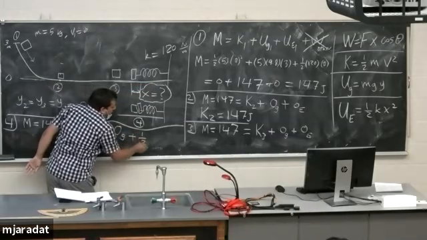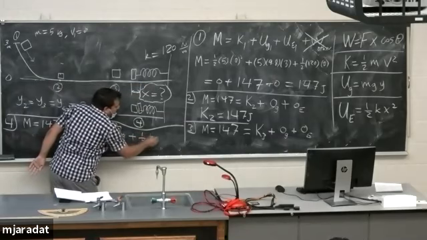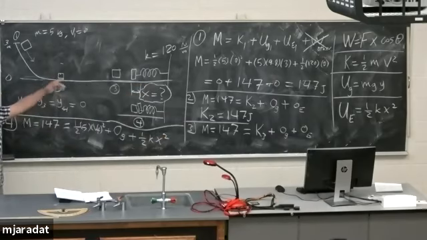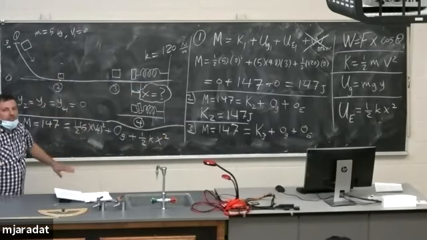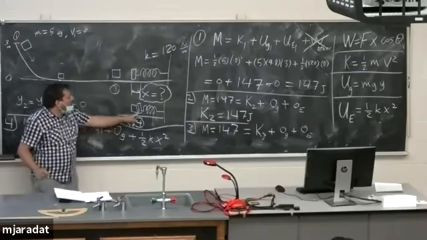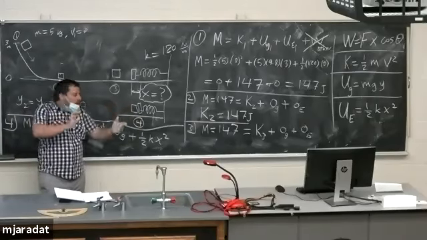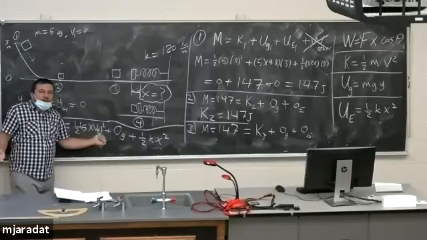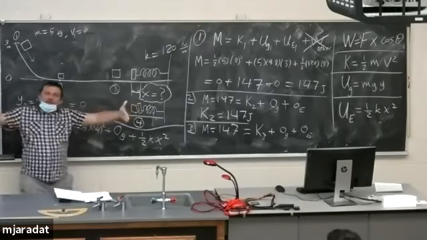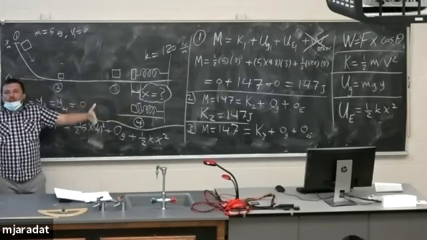It is 1/2 K x squared. K is given. X, we don't know how much, but we can find it. What is the velocity at this point? At the maximum point, the velocity is 0. After this pushing, the object will repel again to the opposite direction.